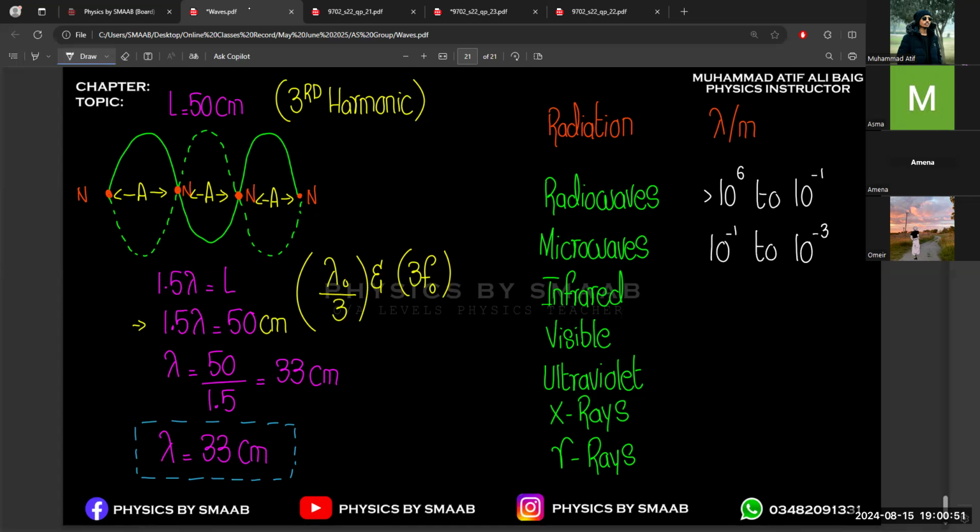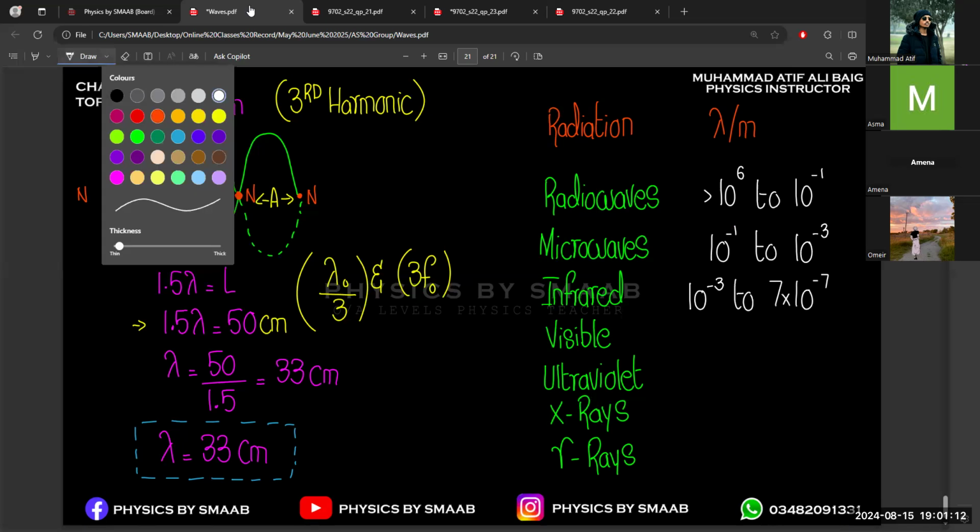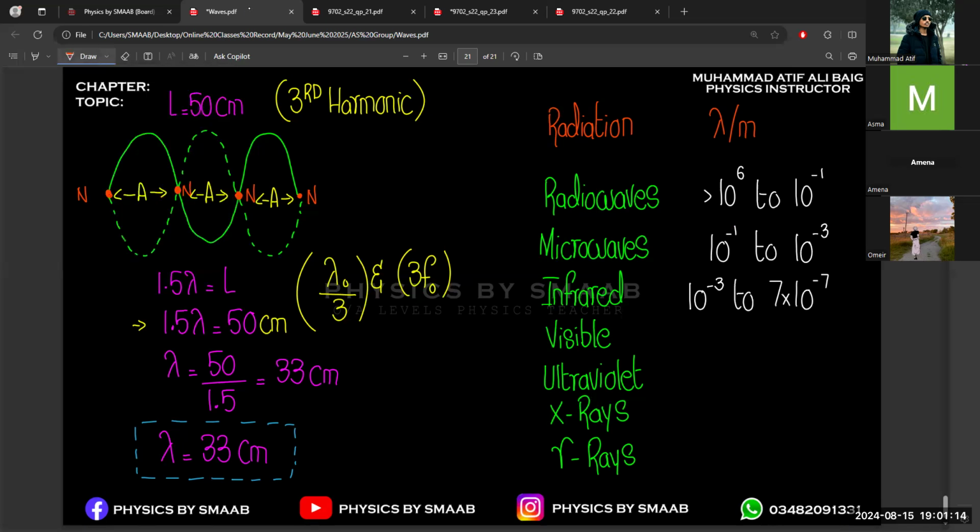Then we have infrared. It's maximum 10 to the power minus 3 for infrared, and minimum 7 into 10 to the power minus 7. This 7 into 10 to the power minus 7 is especially written over here because this is for red light.